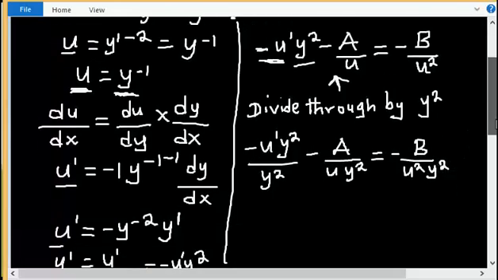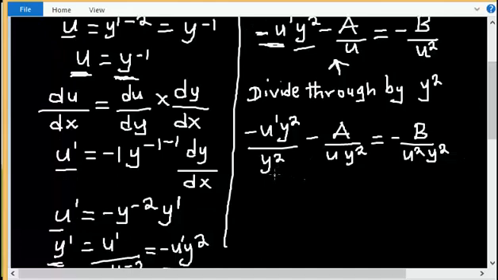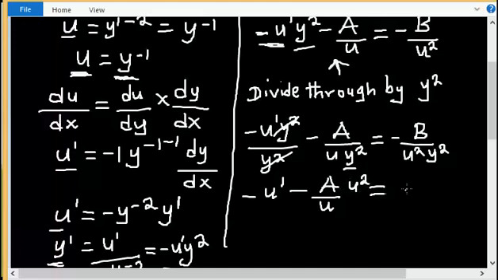Of course, remember, I've not totally eliminated y. I still have y square. How do I eliminate it? First of all, y square cancels y square, so I'm left with minus u prime. Then minus, remember I told you that y is a reciprocal of u, so y square will be the reciprocal of u square. And the reciprocal means that I have to invert it. So in this case, it's a all over u, and if I take the reciprocal of this in the denominator, the u square comes up. That's going to be u square up here, equal to minus b.